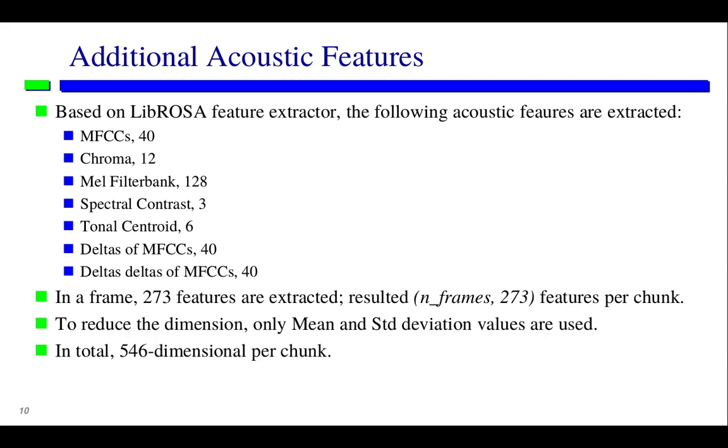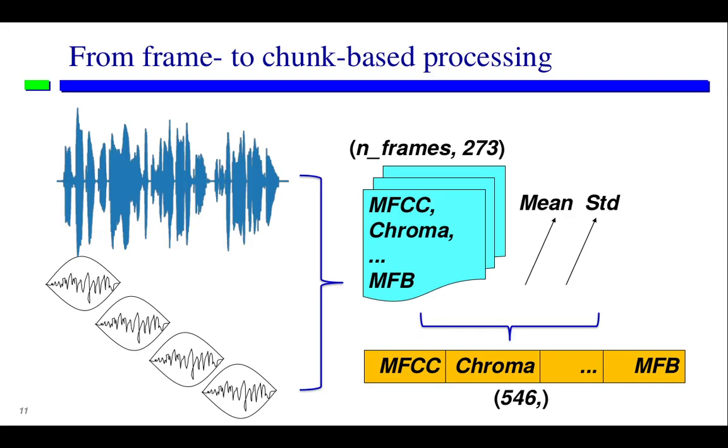And this is the visualization of the previous feature explanation. So one utterance is divided into many frames, and for one frame we extract 273 features. So for one utterance or one story, there are n frames multiplied by 273 features.